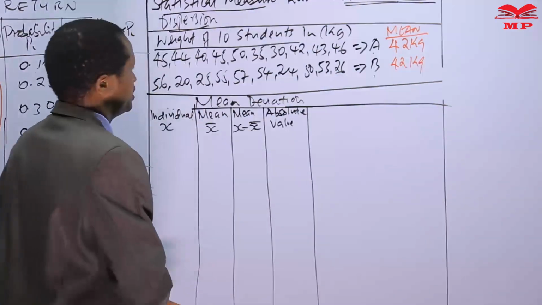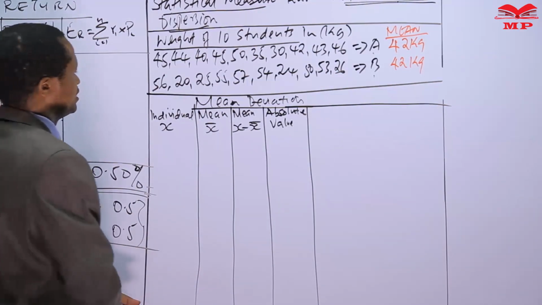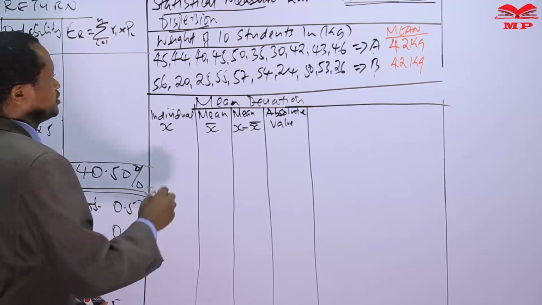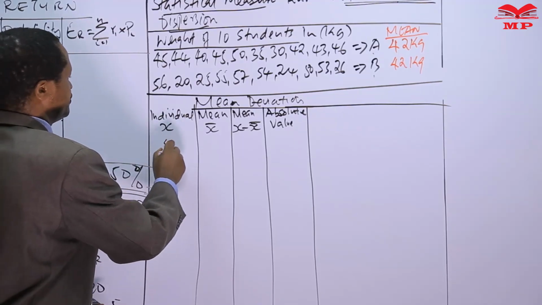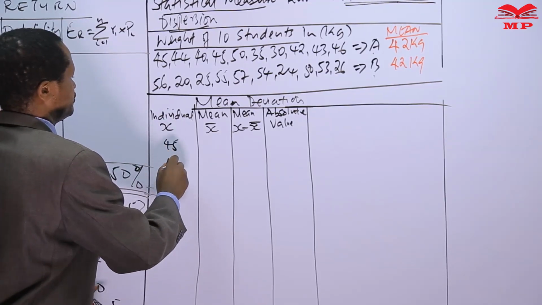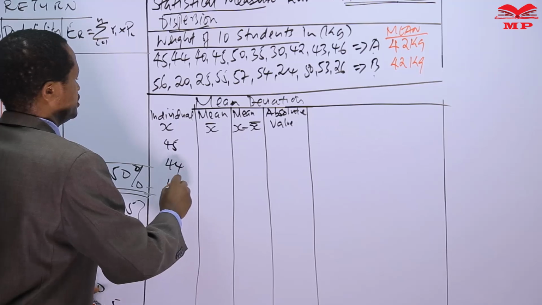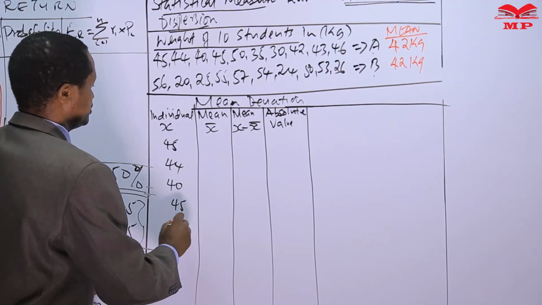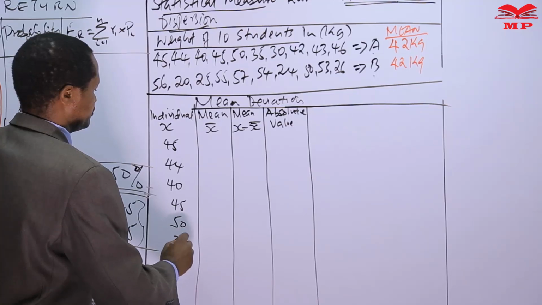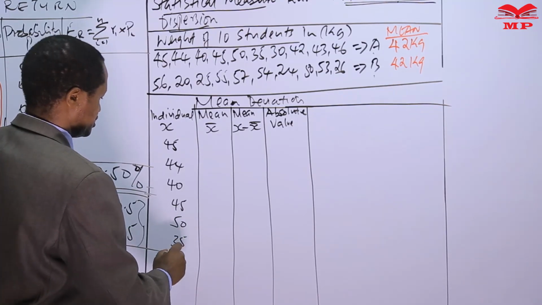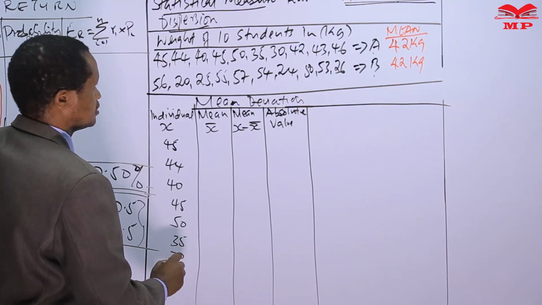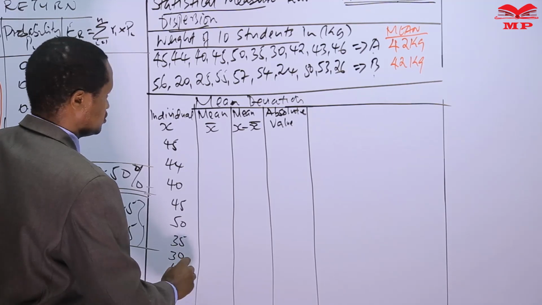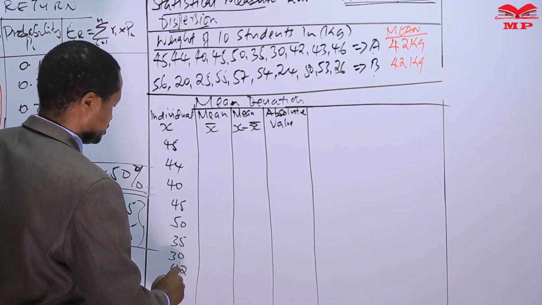So starting with class A, the values X we had here: 45, 44, 40, 45, 50, 35, 30, 42, 43, and 46.